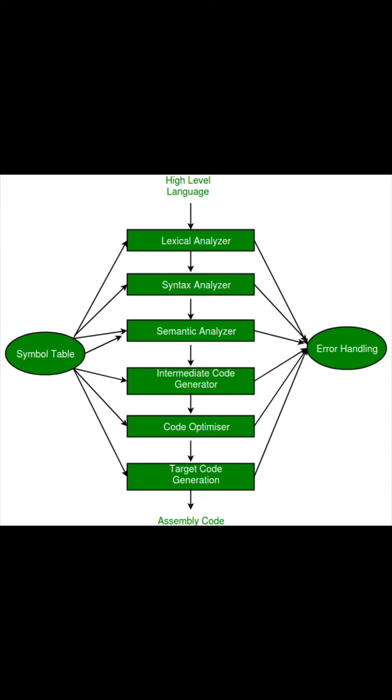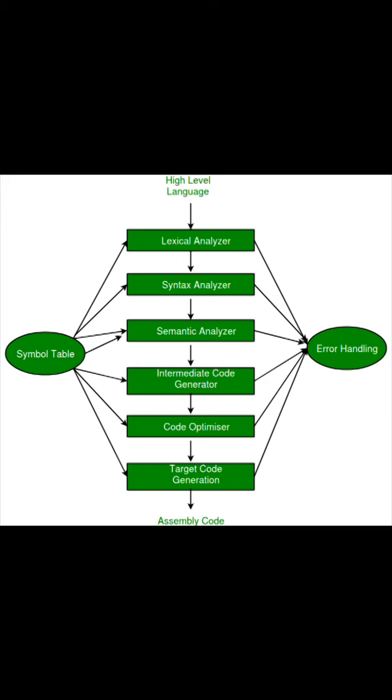Now this parse tree is given to the semantic analyzer. The responsibility of the semantic analyzer is to verify the parse tree semantically, to check whether the parse tree is ready for execution or not. The output of the semantic analyzer is a parse tree.